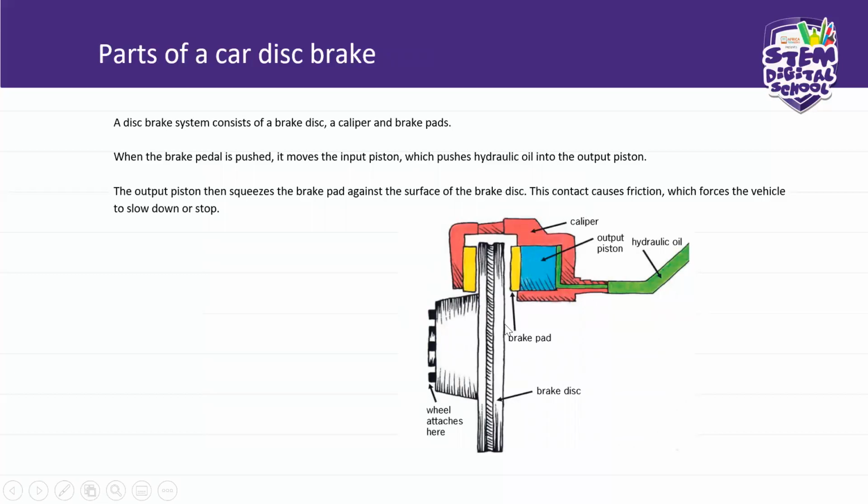That's why if your brake pads are worn out, the car will make a screeching sound, because the brake pads have a rubber surface. Now, if the rubber is worn out, the screeching sound will come from the friction of the caliper and the brake disc.